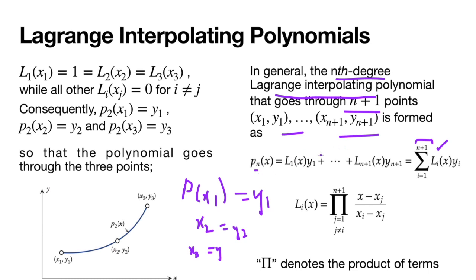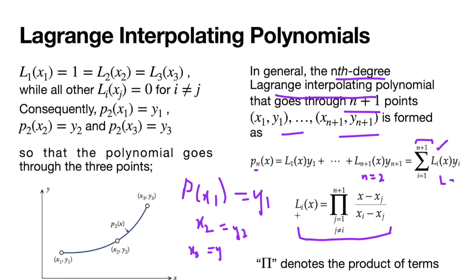So the number of Lagrange coefficients is 1 more than the degree of the interpolating polynomial. Similarly, we can generalize our Lagrange formula with this expression. So if we have n equal to 2, this means that it is the second degree Lagrange polynomial. Then you know that we will have 3 Lagrange coefficients.